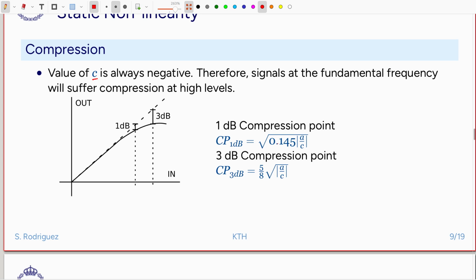It has very strong implications for the signal that we can amplify, because the amplification stops being linear when we are reaching the 1 dB compression point. So sometimes we have specifications for compression points, especially in, for instance, radio applications.